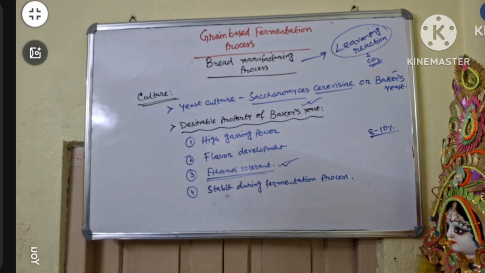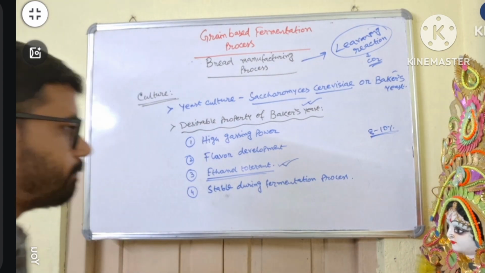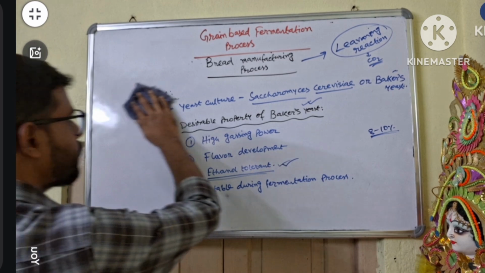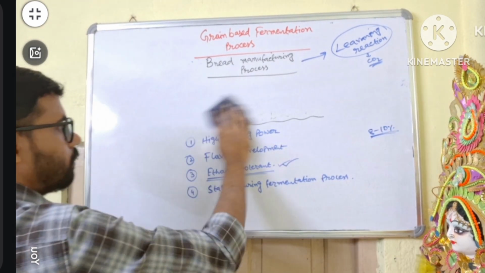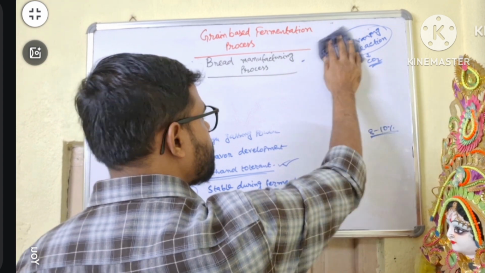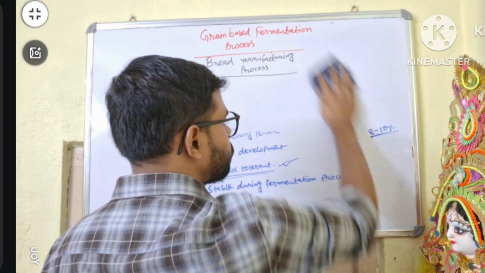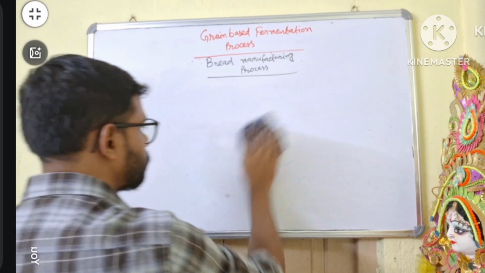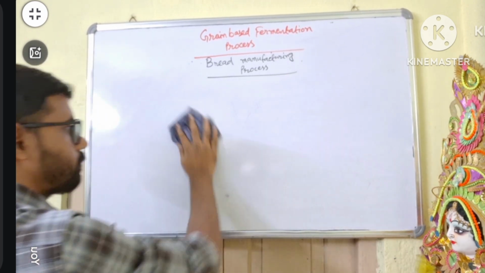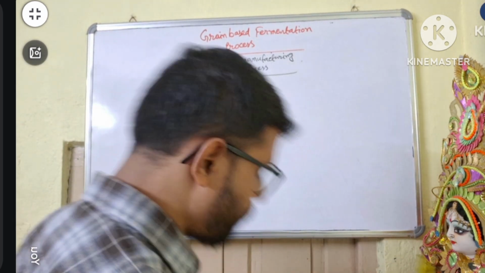Next, manufacturing process. Raw materials done, culture done. Steps in bread making.